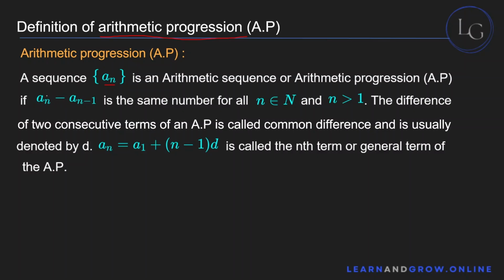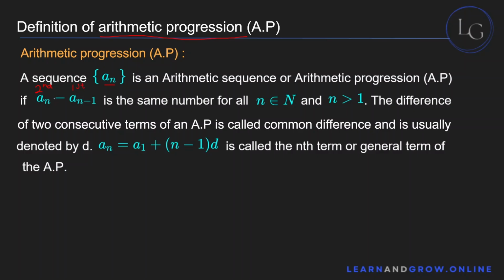What does this mean? It means the difference between two consecutive terms. So for example, if n is 2, that means this is the second term, and obviously a(n-1) would be n minus 1, so 2 minus 1, so a1, which is the first term, so the first and the second term.